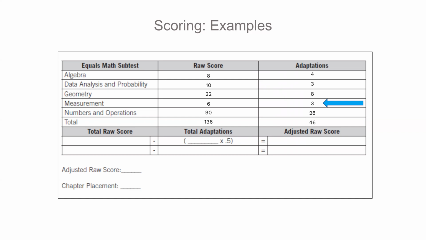The total amount of adaptations is 46. The raw score is a total of 136 items, and there are 46 adaptation items that were correct. Record the total raw score in the total raw score column.